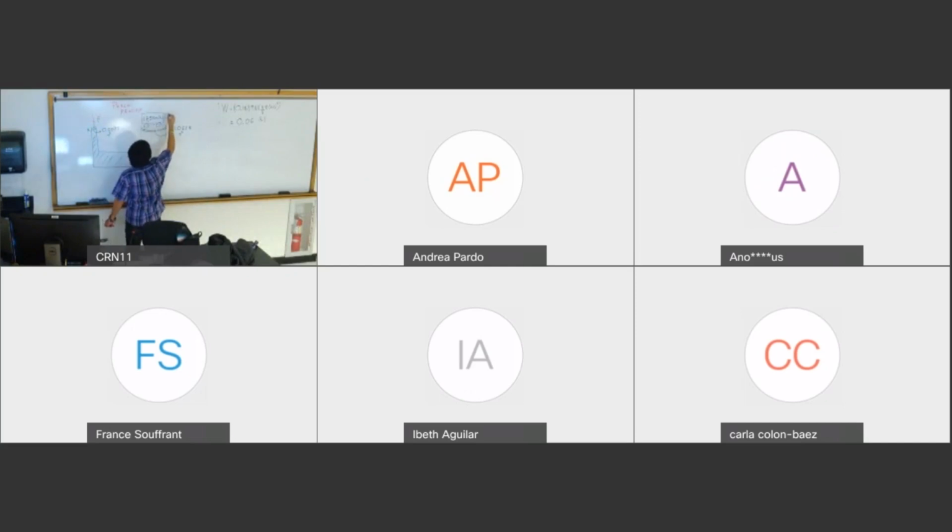This will be F2 and A2. So the Pascal principle tells you that F1 over A1, so the pressure there, is equal to the pressure here, F2 over A2.